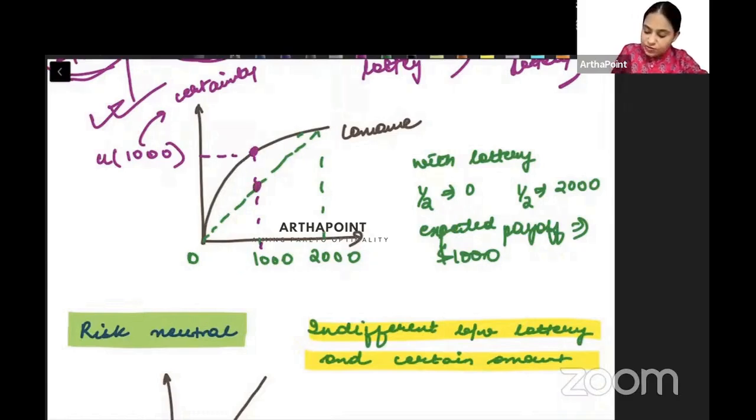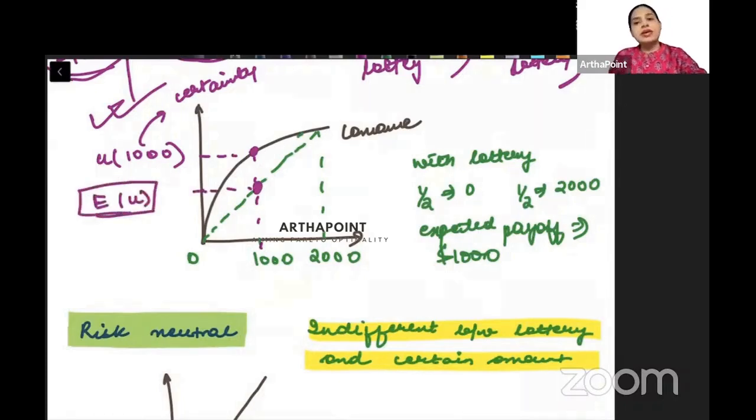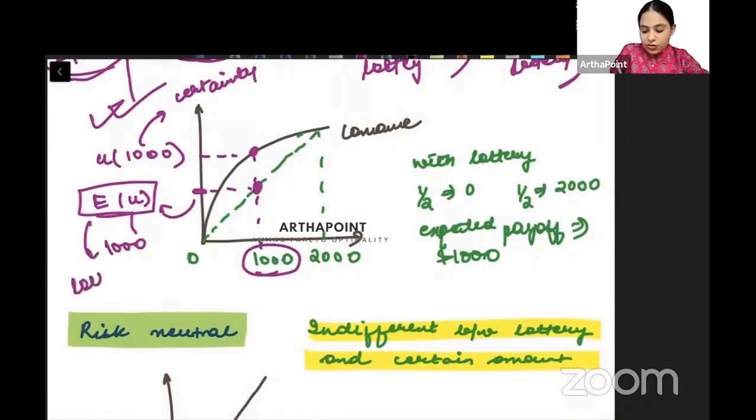Whereas this point, which is on the line, which is a weighted average point, is giving me expected utility. तो ये point मुझे बोलता है कि what is my expected utility from the same 1000 rupees. माने this is when I play the lottery. And this is when I don't play the lottery, when I get the amount with certainty.